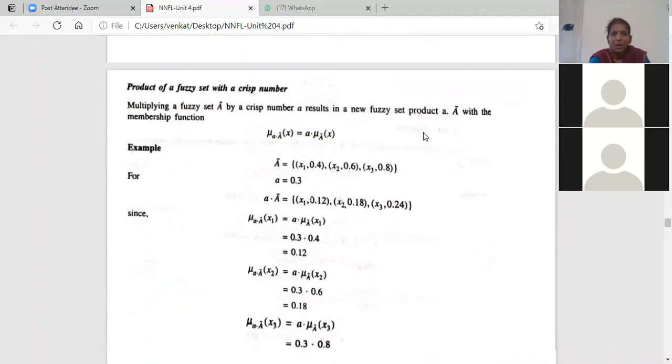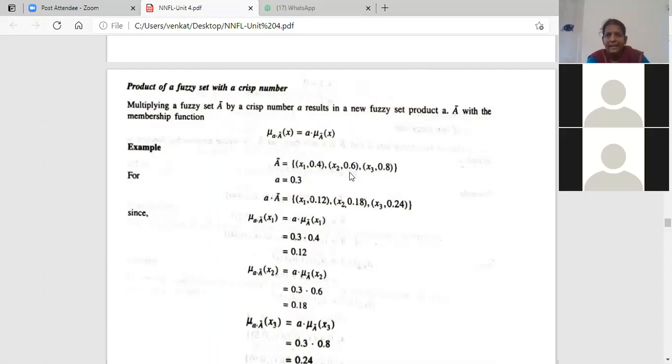Next, product of a fuzzy set with a crisp number. Multiplying a fuzzy set by a crisp number results in a new fuzzy set. Suppose the crisp number is A. For example, you are considering one fuzzy set, A is equal to 0.3.